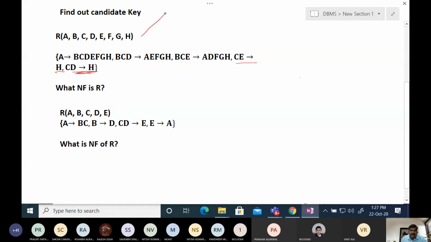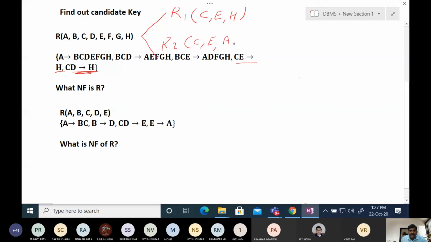Why? Because here CE determines H and CD determines H are partial dependencies. Then we will decompose this relation into R1, and in R1 we will group C, E, H, and in R2 obviously the left hand side will be common and we discard H from this set.